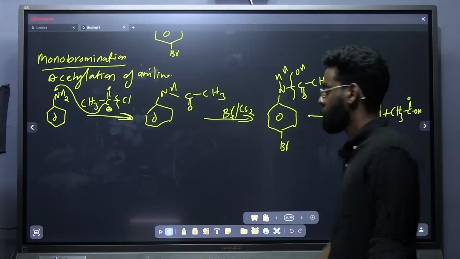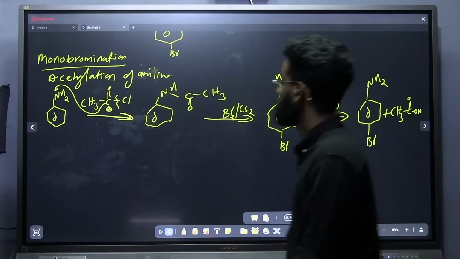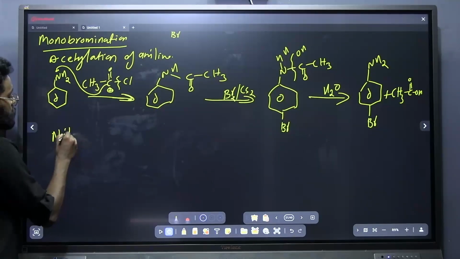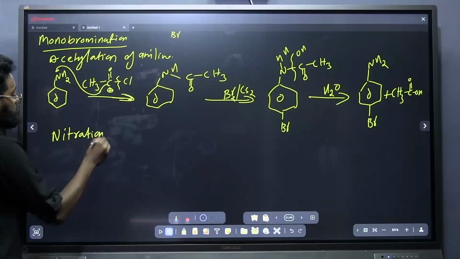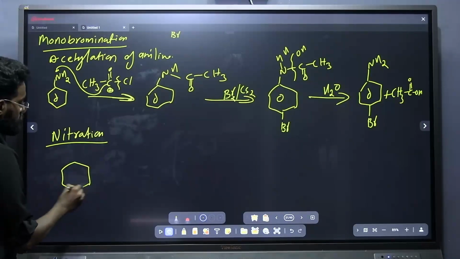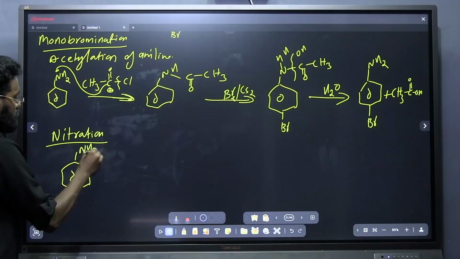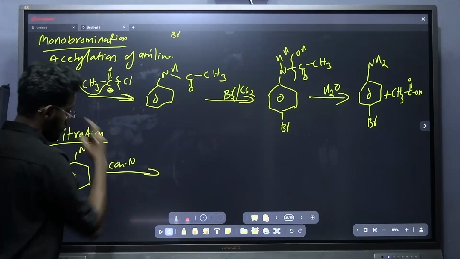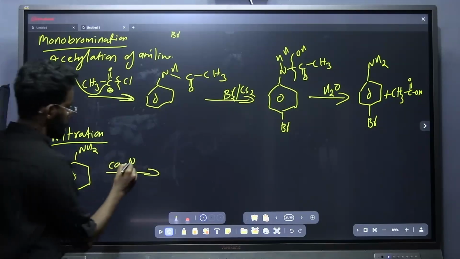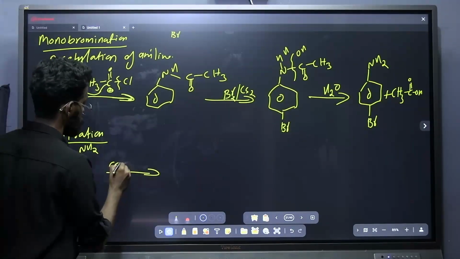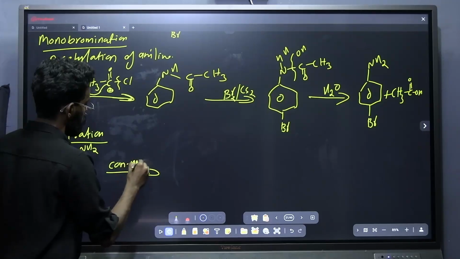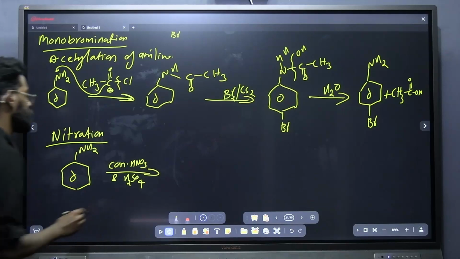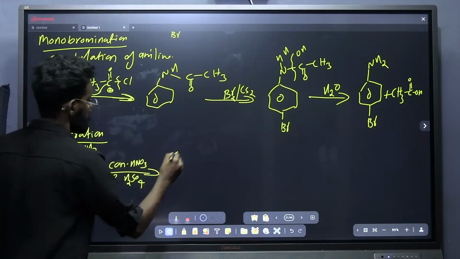Okay. Now a few more points are there, about the nitration reaction. In the case of nitration, also there is some problem. We are expecting ortho and para because it is an activating group. With concentrated HNO3 and H2SO4, what will I be getting?